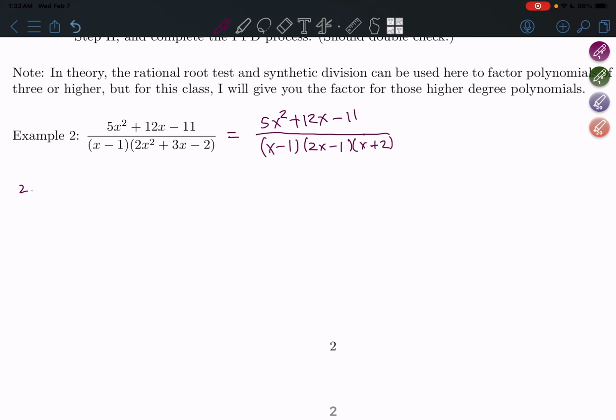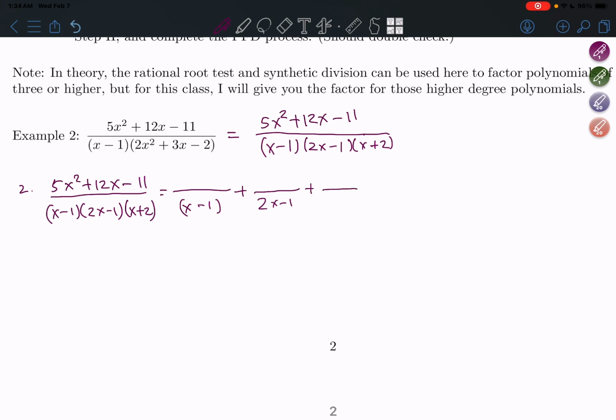We're going to go ahead and set this up. So 5x squared plus 12x minus 11 over x minus 1, 2x minus 1, x plus 2. And the setup goes like this. I have 3 linear terms, so simply x minus 1, plus 2x minus 1, plus x plus 2.